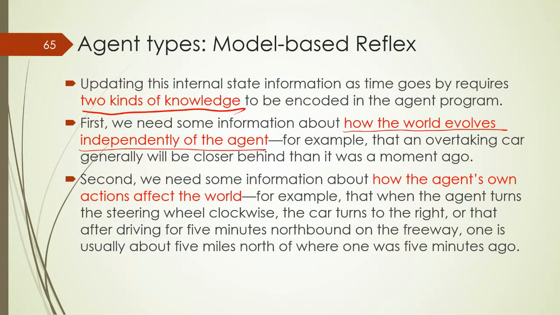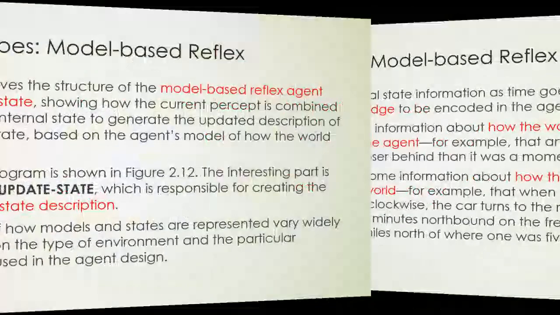For example, that an overtaking car generally will be closer behind than it was a moment ago. Second, we need some information about how the agent's own actions affect the world. So these are sort of understandings we need to make to create a model of the world.